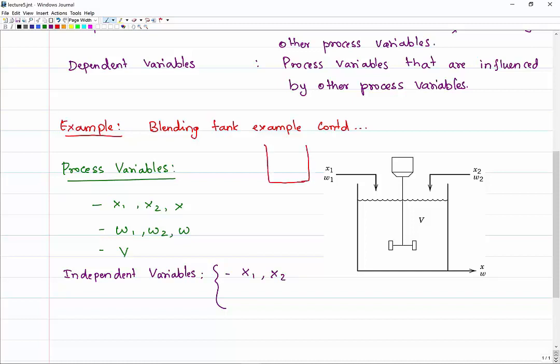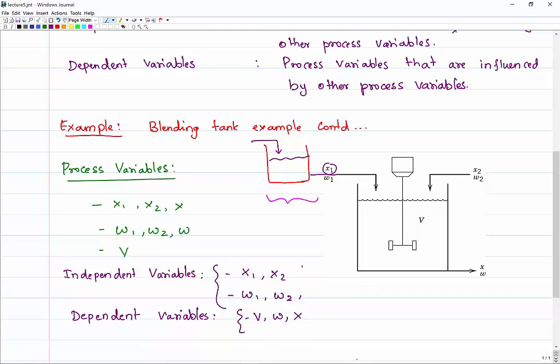Note that X1 is not an independent variable to a process that is upstream of the blending process. For instance, if we have the tank on the left-hand side, for that particular process, X1 is a dependent variable. It is not an independent variable. In other words, the dependency or independency of variables depends on the reference process.